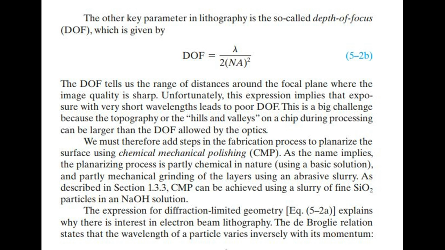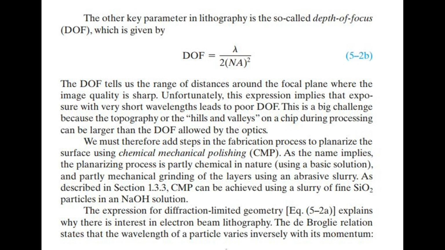This is a big challenge, because the topography or the hills and valleys on a chip during processing can be larger than the DOF allowed by the optics. We must therefore add steps in the fabrication process to planarize the surface using chemical mechanical polishing, CMP. As the name implies, the planarizing process is partly chemical in nature, using a basic solution, and partly mechanical grinding of the layers using an abrasive slurry.